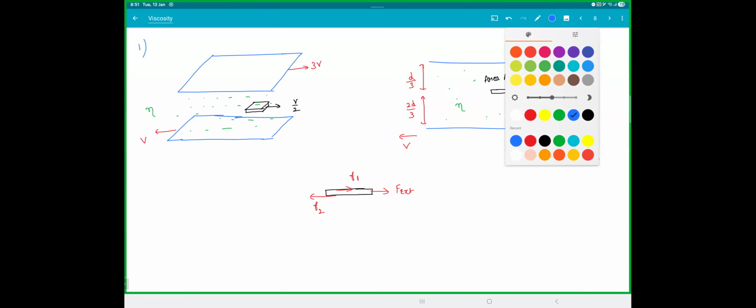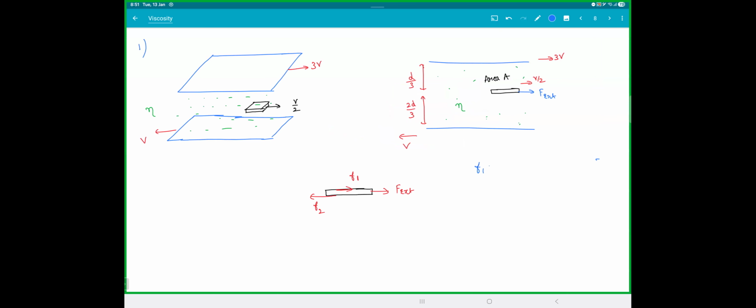So you just calculate. So what is F1? So F1 will be eta area. So F1 is between 3v and v by 2. So relative velocity will be 3v minus v by 2, divided by the distance between them, which is d by 3. That would be 5v by 2, so 15 eta A v by d.